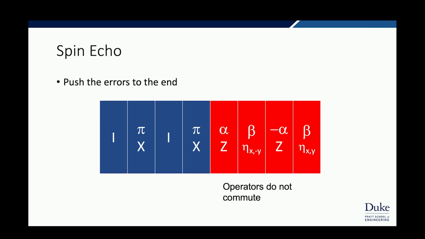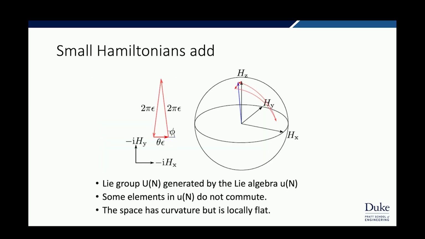I do my trick. I put everything to the far side. Operators do not commute, and so I get this eta minus a, and some changes. There's a small change in the etas. And what's great is, if the Hamiltonians are really small, we can add them up together.